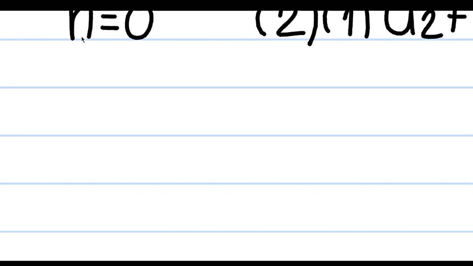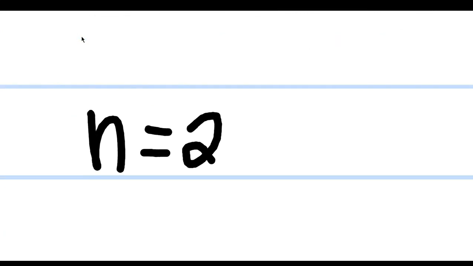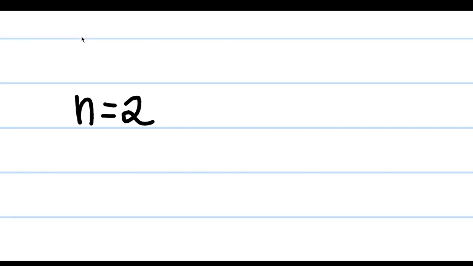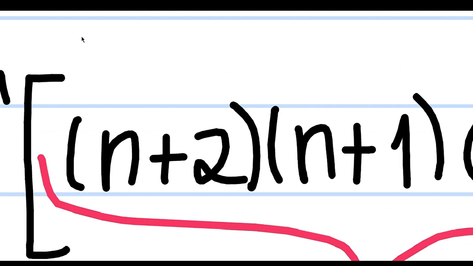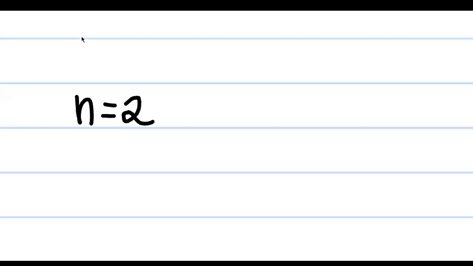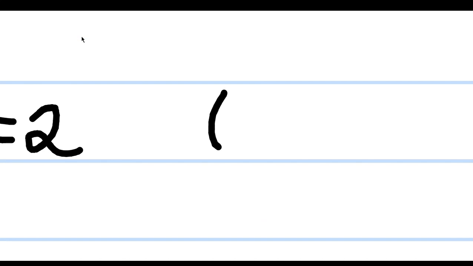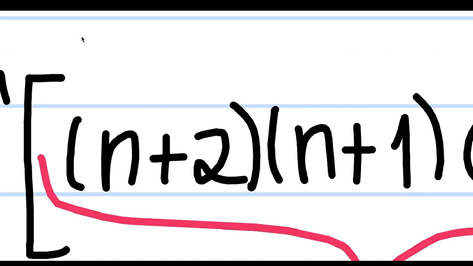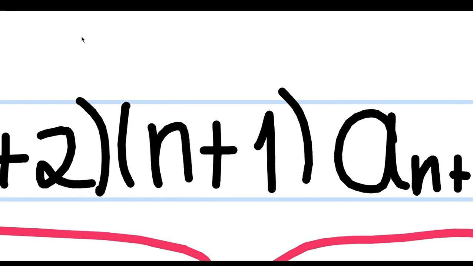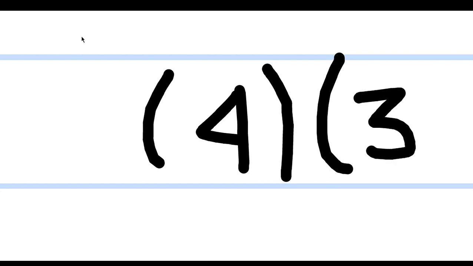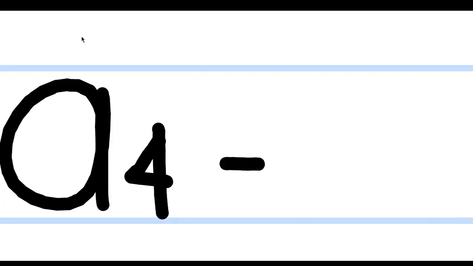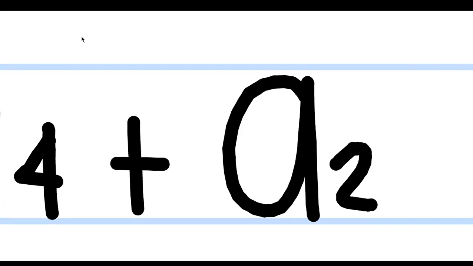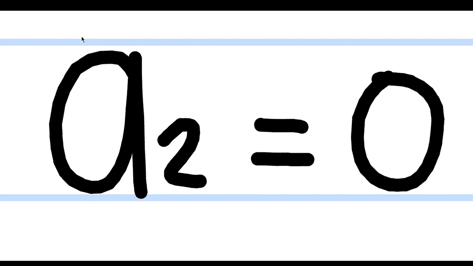And when n is equal to 2, in my recurrence relation n plus 2 would be 2 plus 2, which is 4, times n plus 1 would be 2 plus 1, which is 3, times a sub 4, plus a sub 2, and this is equal to 0.